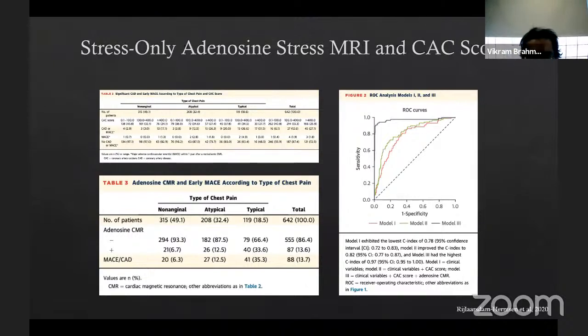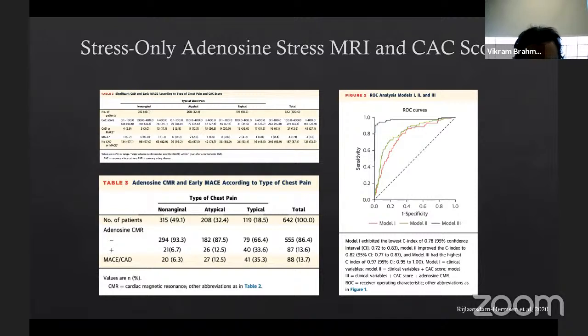So that kind of brings me to another interesting study. This is from the Netherlands, and the concept of maybe mixing different modalities to identify patients that would benefit from revascularization is appealing, especially if the gatekeeper test to functional testing is low risk. So something like coronary artery calcium scoring is low risk.